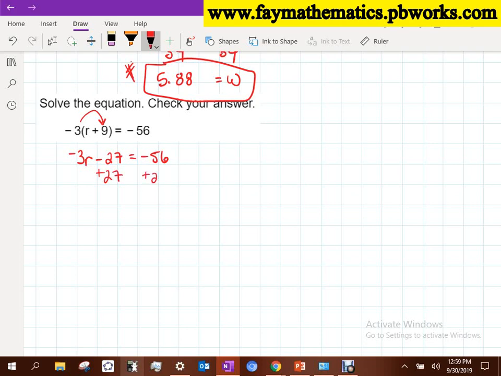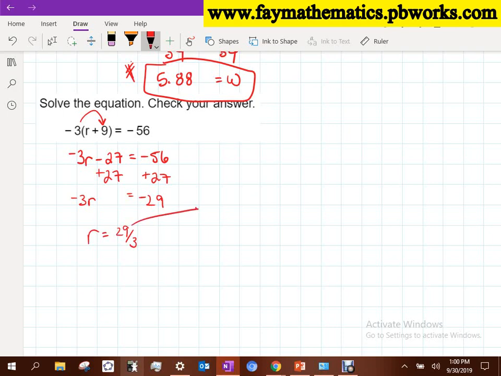Good. So now I get -3r on the left. This is going to give me negative 29. Divide both sides by negative 3 then. So what's a negative divided by a negative? Positive. So negative 29 divided by negative 3 will be 29 over 3.